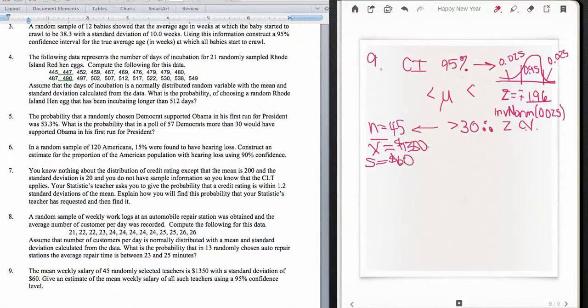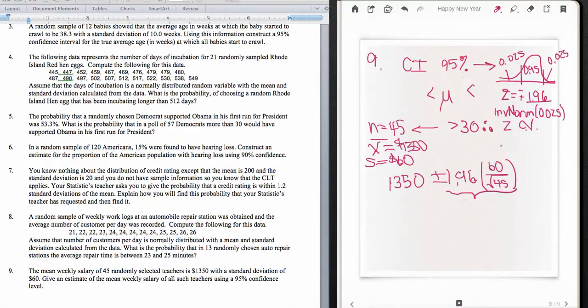And furthermore, we are going to give this confidence interval in the following way: 1350 plus or minus my critical value, 1.96, multiplied by my standard error, standard deviation, divided by the square root of my sample size, 45. So we will get, first of all, a margin of error calculation. I'm going to do 1.96 times 60, and then I'm going to divide it by the square root of 45.